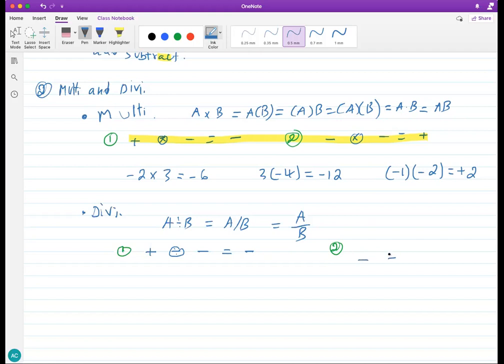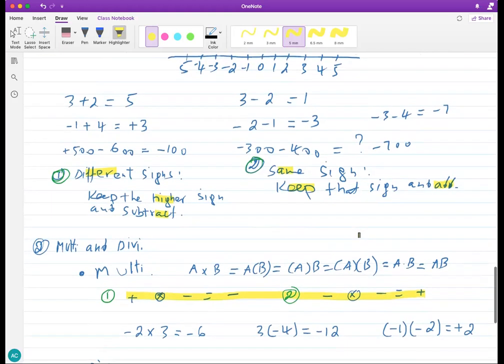What is a negative divided by a negative? Positive. That's right. Just like multiplication, it's positive. So these share the same rules.